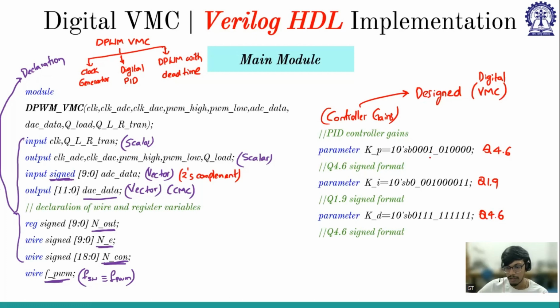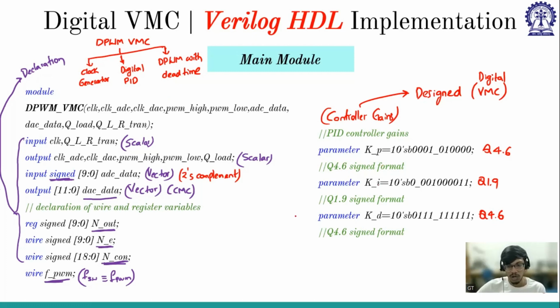So the simulator will think it is 001010000. But for our understanding, we are putting this so that I will know it is Q4.6 format. But the simulator will think of it as a 10-bit signed binary number.